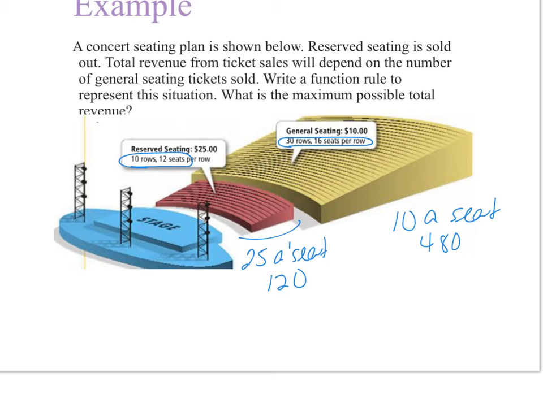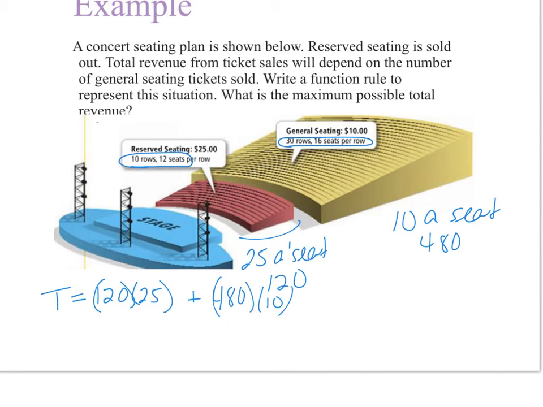So to find the total revenue, that's going to be my T, my total revenue, I'm going to have 120 seats times $25. That's how much money I'll make off those reserve seats. Plus, I have 480 seats times $10.